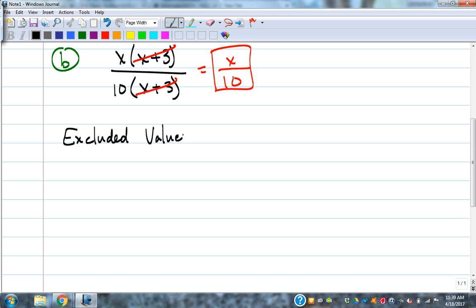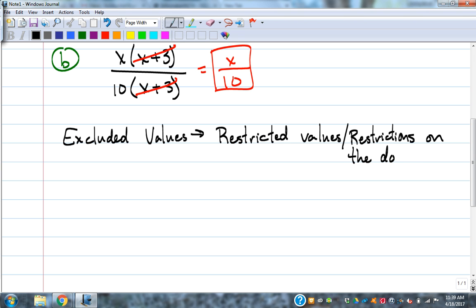Excluded values. They are also called restrictions or restricted values. You might see them called restrictions on the domain. What they are are the numbers that would make the denominator equal 0.